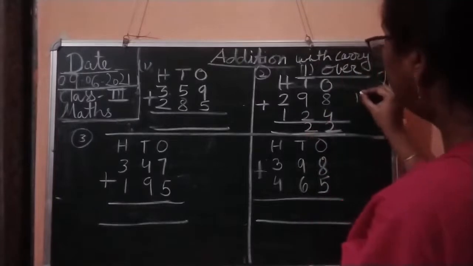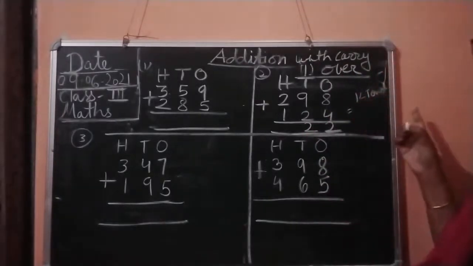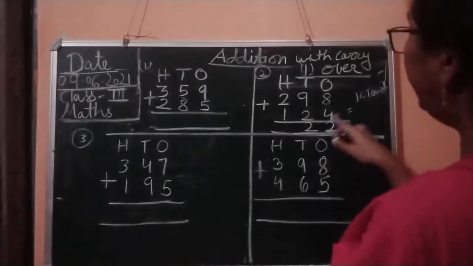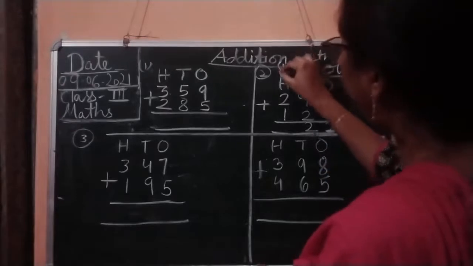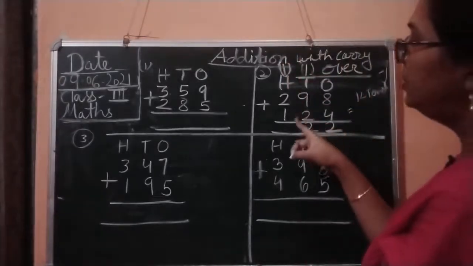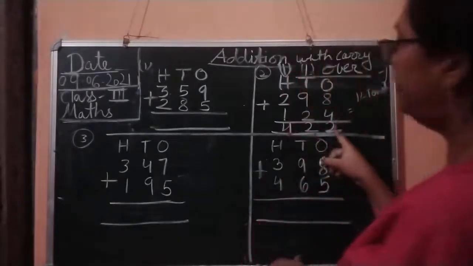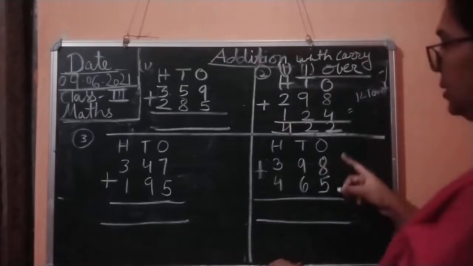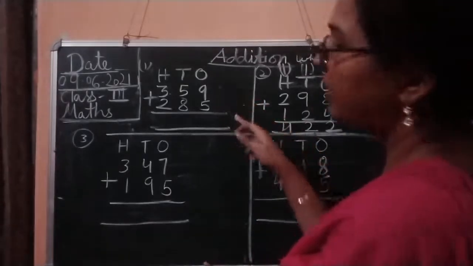So 12 tens we are getting, equal to 100 and 2 tens. So we will write 2 over here and 100 will be shifted to the hundreds column. 2 and 1, 3 plus 1 is 4. 422 is the answer.